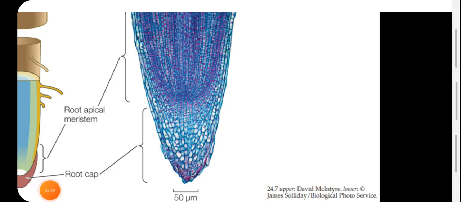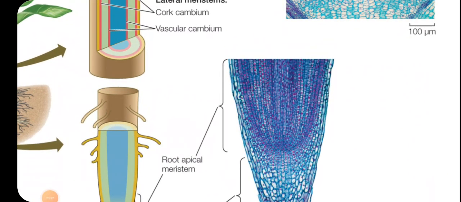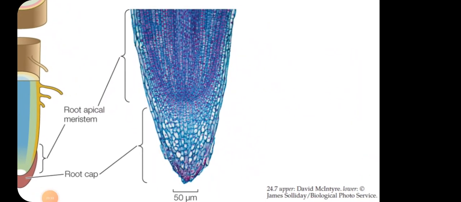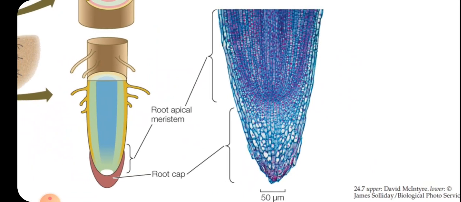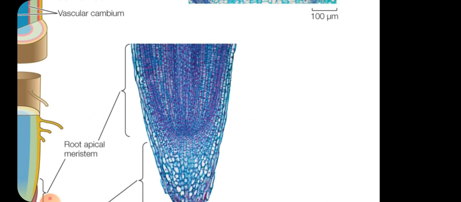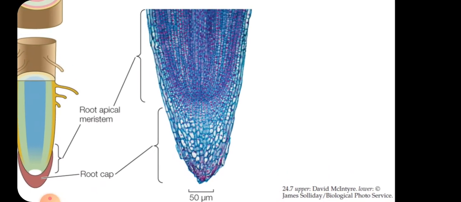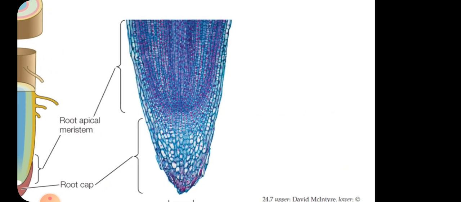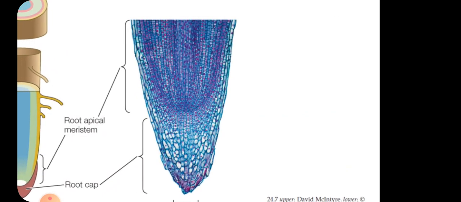The slowly dividing cells here are known as the quiescent zone. On the other side, in the peripheral region, relatively fast dividing cells are present. So here at the tip region, the cells divide fast, or rapidly.